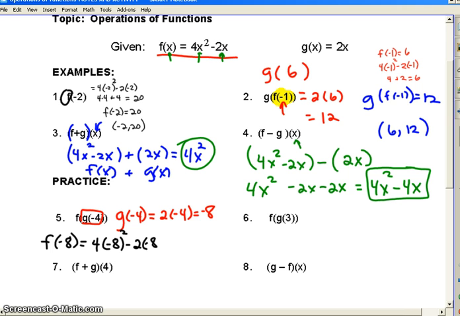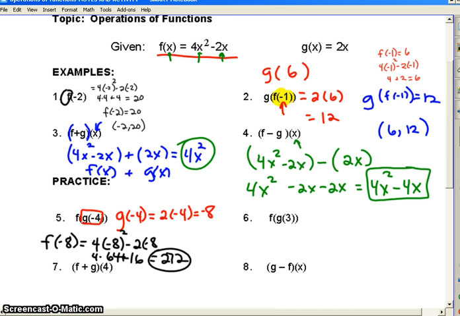Okay, 8 squared is 64, so 4 times 64 minus 2 times negative 8 becomes plus 16. Four times 64 plus 16 is 272.